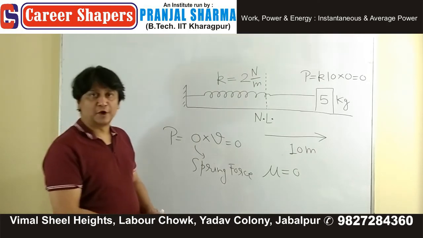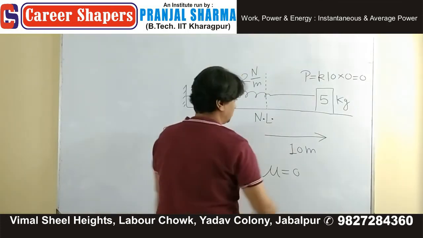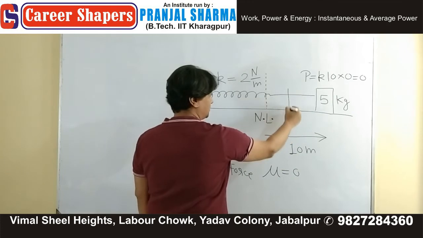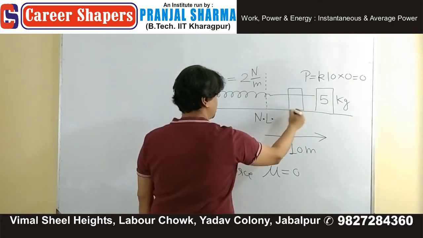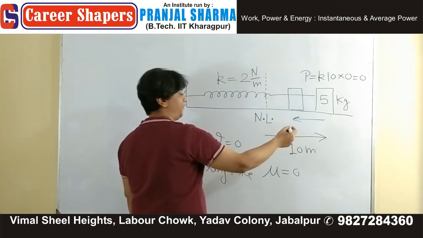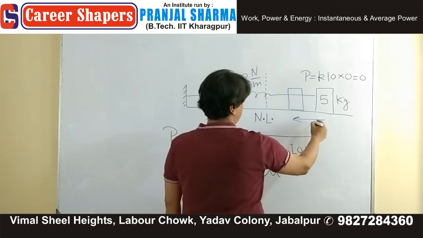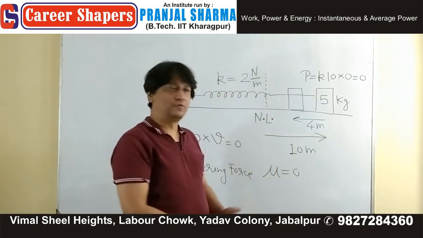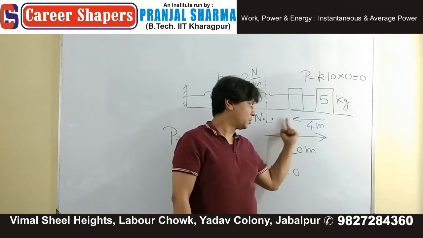Now let me see how many of you can answer this part. The moment you release it, it moves in this direction. After some time, it has moved a distance of, let's say, 4 meters. It has moved this much, 4.